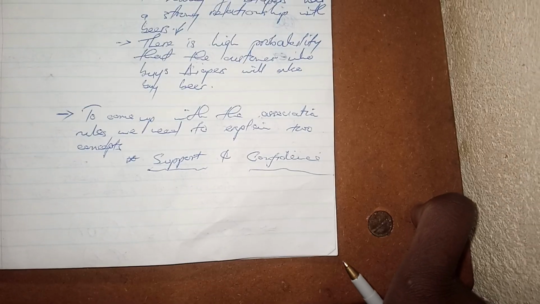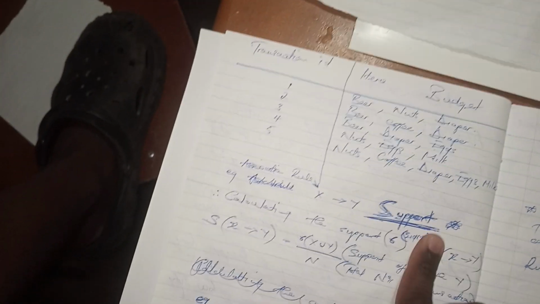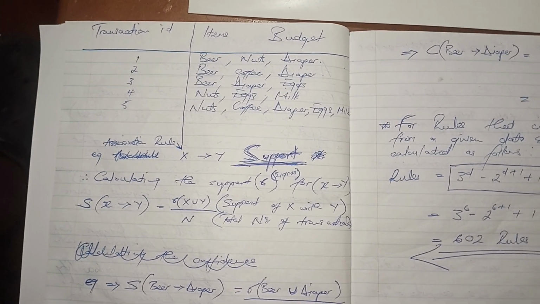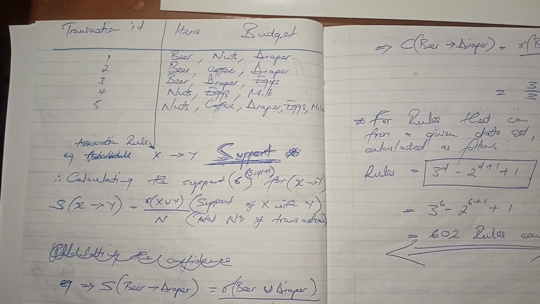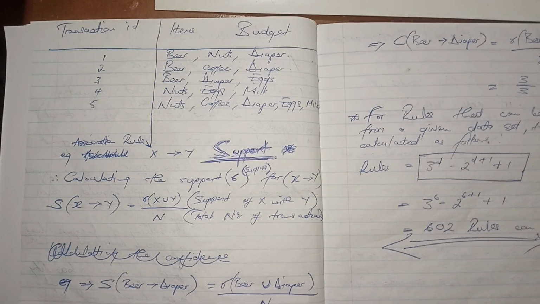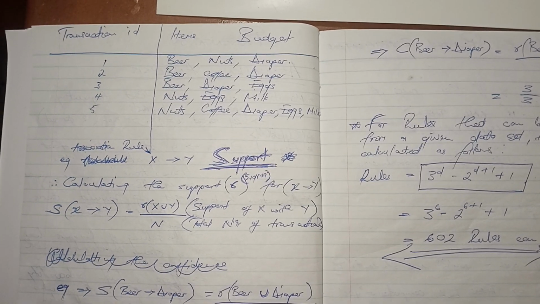To come up with the association rules, we need to explain two concepts: support and confidence. These concepts help us come up with the association analysis. Let's take the same table as I had shown you before. The support of X to Y is given by the support of X with Y over the number of transactions.